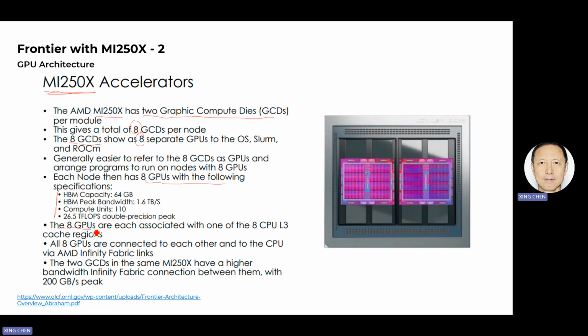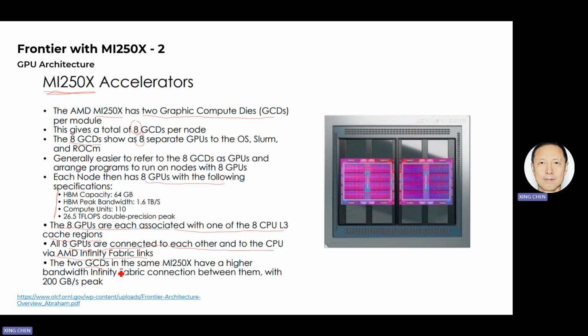The 8 GPUs are each associated with one of the 8 CPU L3 cache regions. All GPUs are connected to each other and to the CPU with AMD Infinity Fabric links.